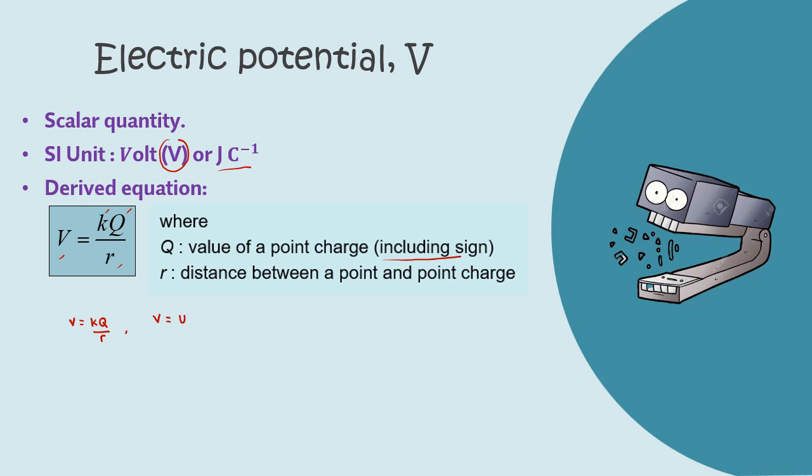V is equal to U over Q naught, and U is equal to K capital Q Q naught over R. So we combine these equations, it becomes V equal to K capital Q Q naught over R over Q naught, and then finally it becomes K capital Q over R. So from this equation, the capital Q refers to the point charge.